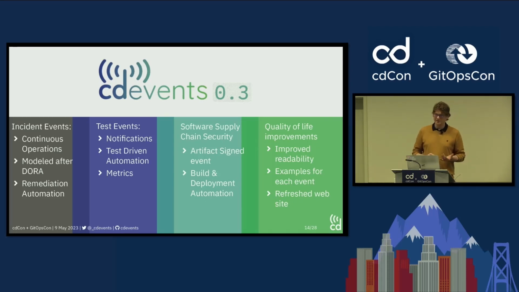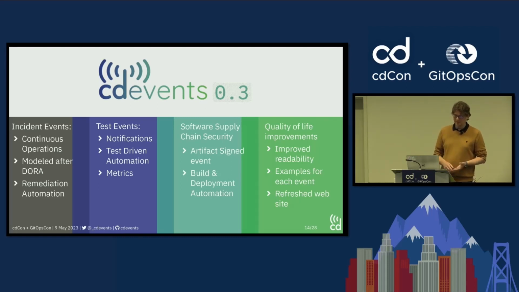That also allows us to provide enough information to calculate the remaining two DORA metrics that were not covered in the 0.1 release of the protocol. Incident events also help with automation for remediation, because if something goes wrong, if you have an incident, then you could do things like automatic rollback, or you could use this information in general to trigger automatic remediation.